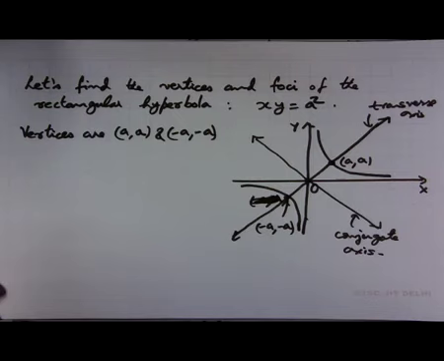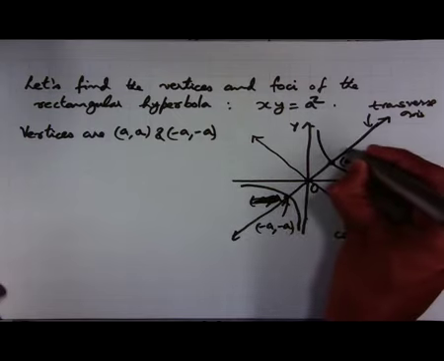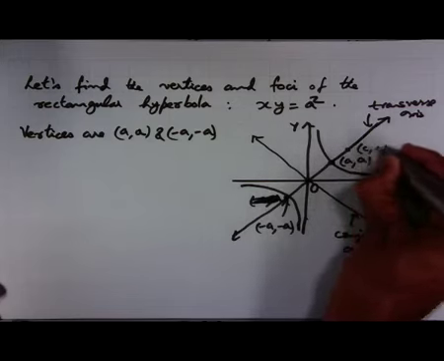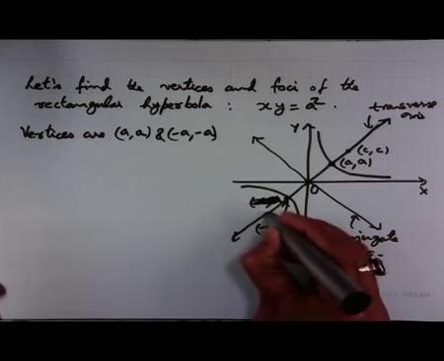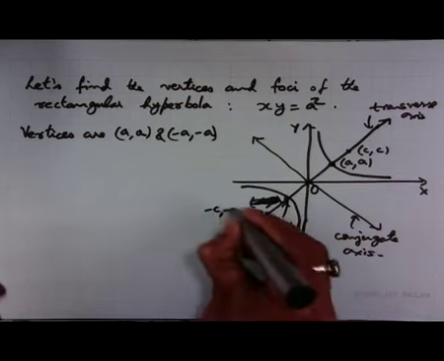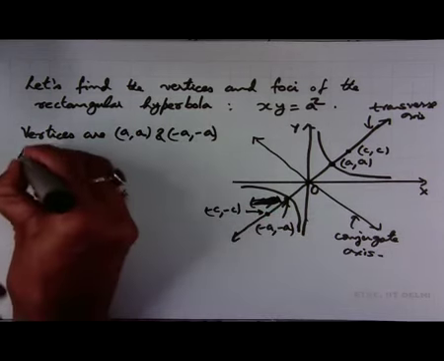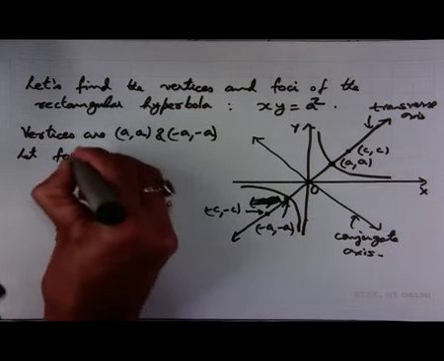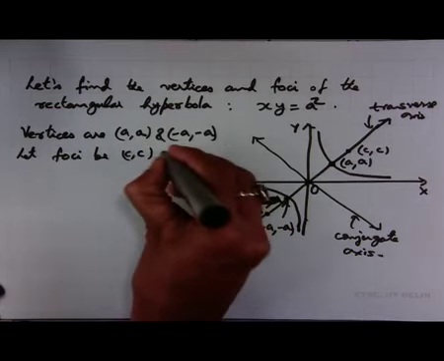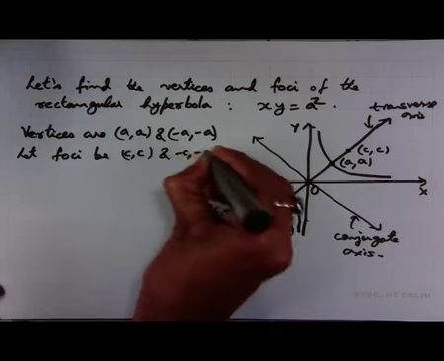What about the foci? We know that the foci will lie somewhere here, so let the foci be c comma c and minus c comma minus c.